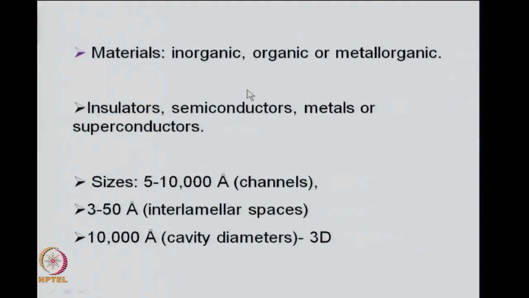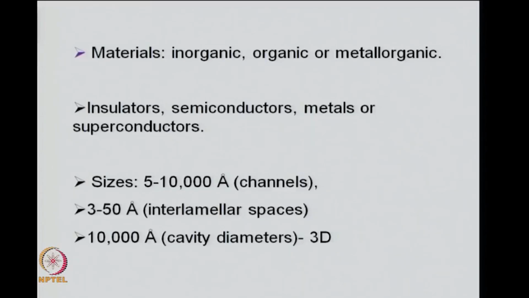These materials that you are depositing with the help of a template may have a wide ranging set of properties. Some can be insulating, some can be semiconductors or metals or even superconductors, that is those in which the resistance below a certain temperature goes to 0.